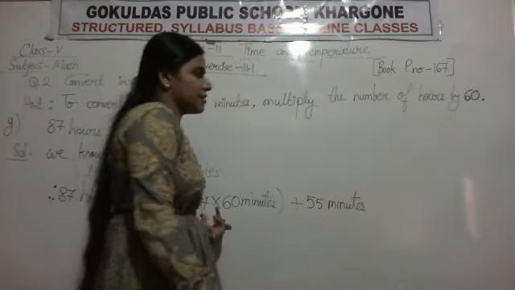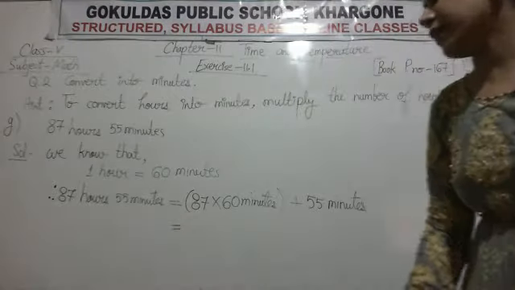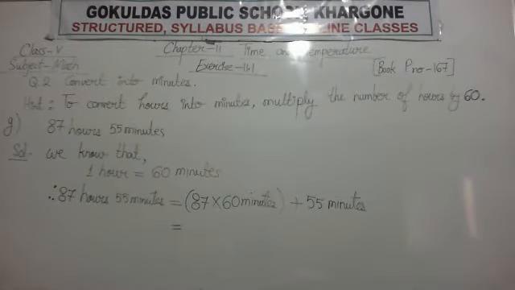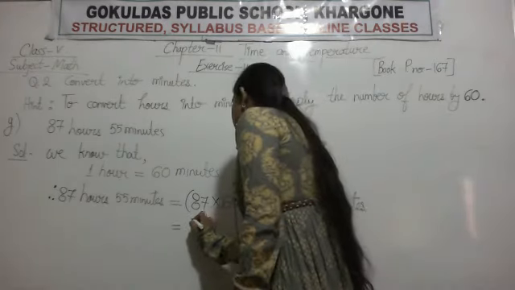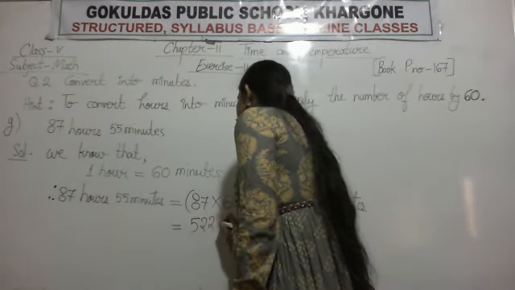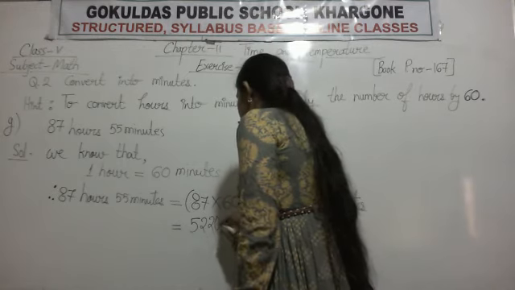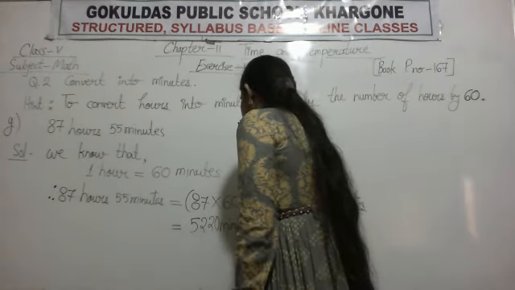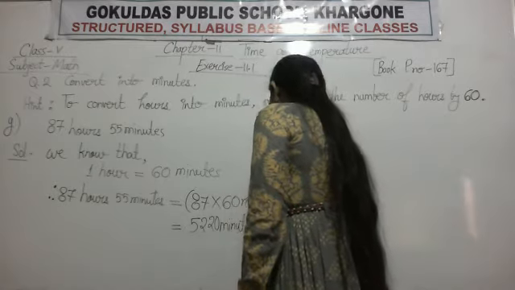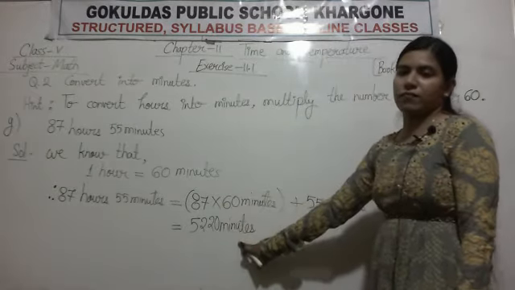When we multiply 87 by 60, my result is 5220 minutes.